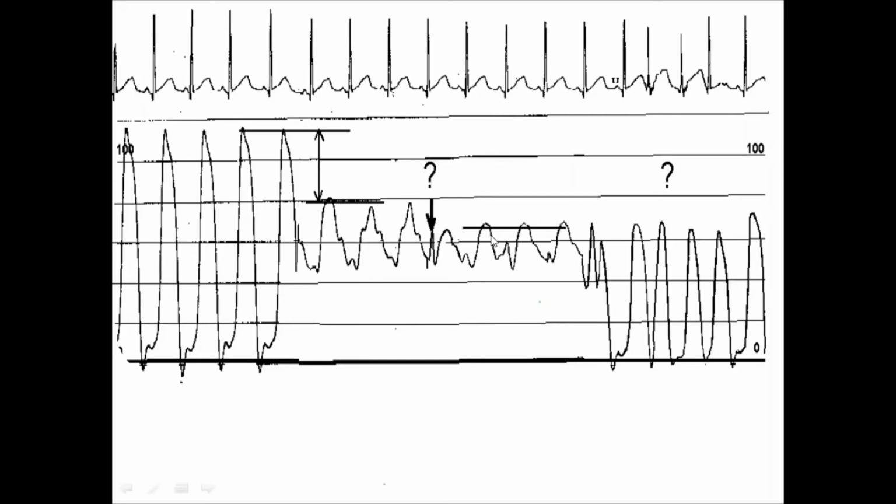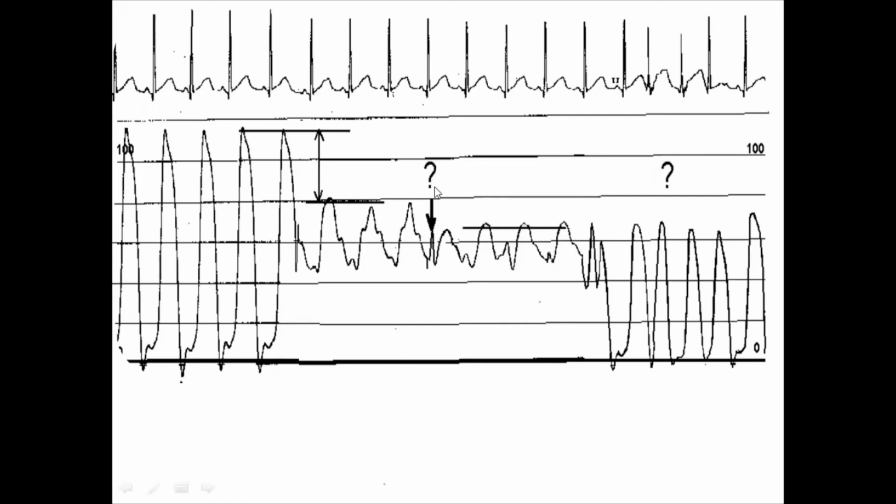This looks like ascending limb, descending limb, ascending limb, descending limb, maybe a dicrotic notch here. So this is pulmonary artery.